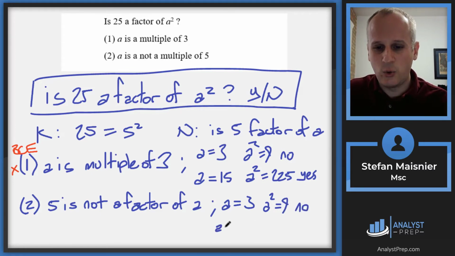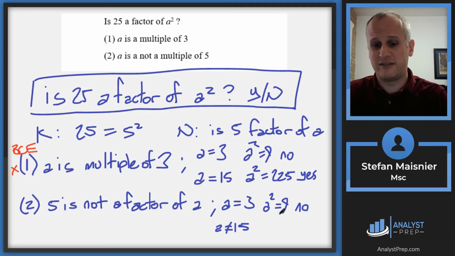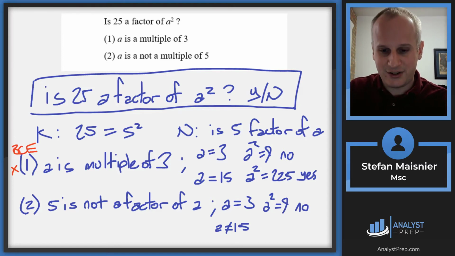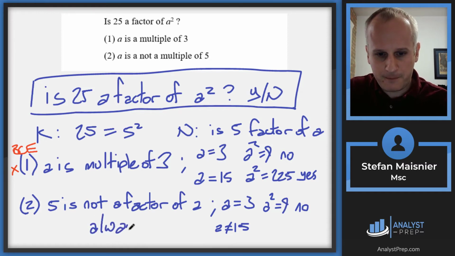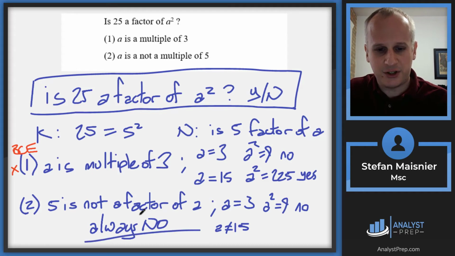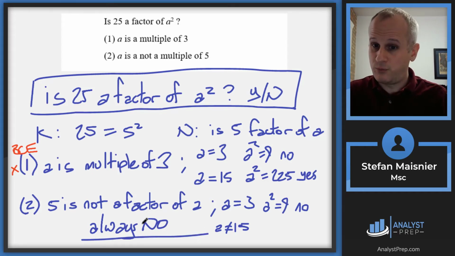But a can no longer equal 15, because if a is 15, then 5 is a factor of a, and we know that we can't have 5 be a factor of a as required by condition 2. So the answer here is always no. And always no is going to be sufficient, because we're not being asked, is the answer yes?